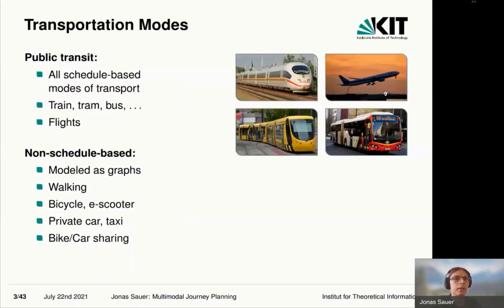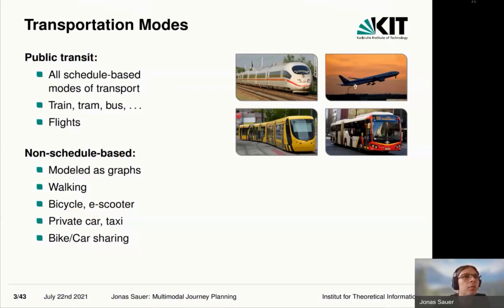Let's look at the transportation modes that we might want to consider. So on the one hand, we have public transit, which for our purposes includes all schedule-based modes of transport. I know that there are some more esoteric cases of transportation modes that you might call public transit, even though they're not schedule-based, because they might be on demand.